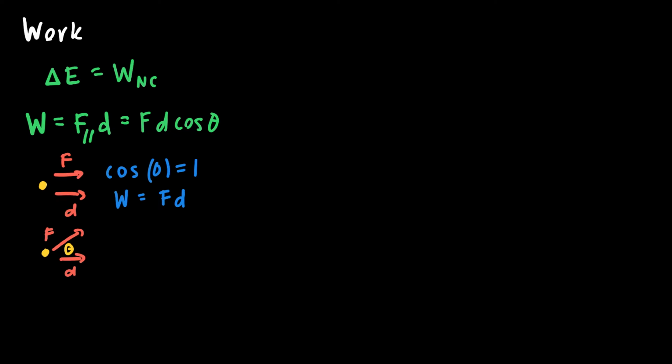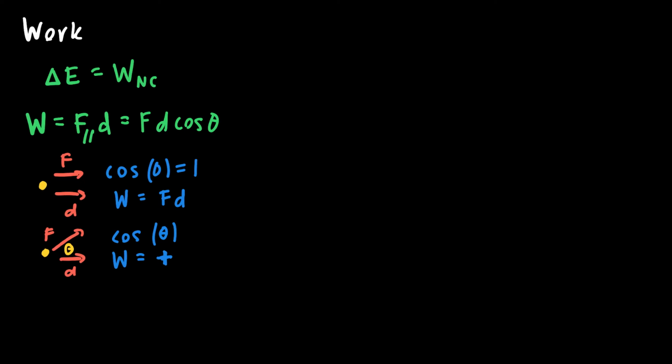And so in this case, I don't know what the angle is, but it's some angle, and the cosine of that angle is going to tell us that due to the force that is parallel to the displacement of the object, there's going to be some positive amount of work that is done on that object. And so you could take your calculator and plug in an angle like the cosine of 30 degrees, and you should get a positive number.